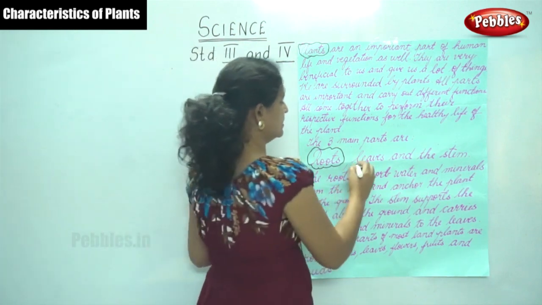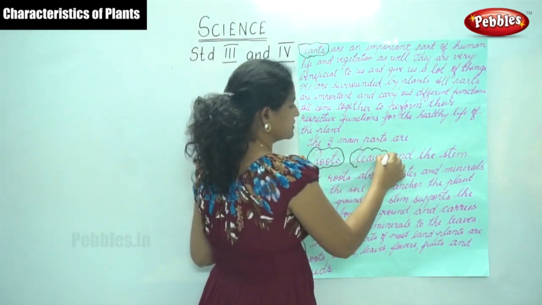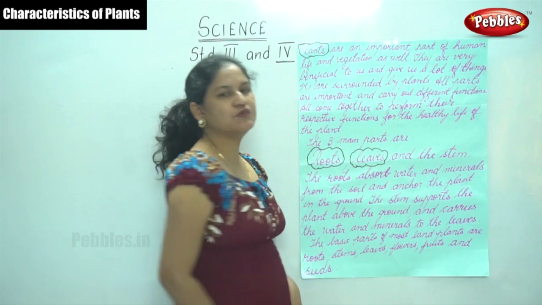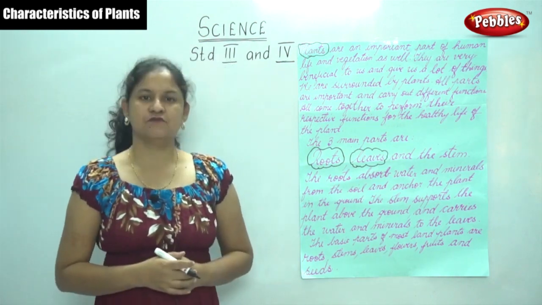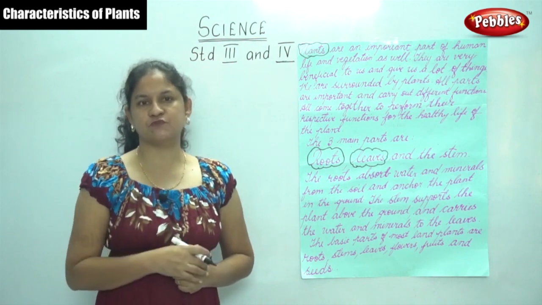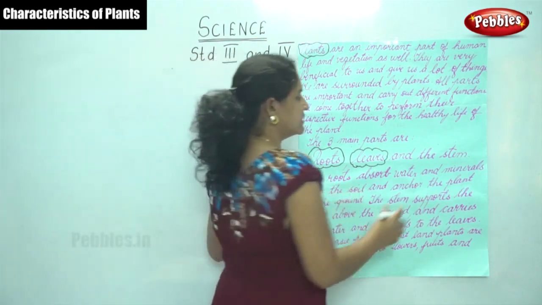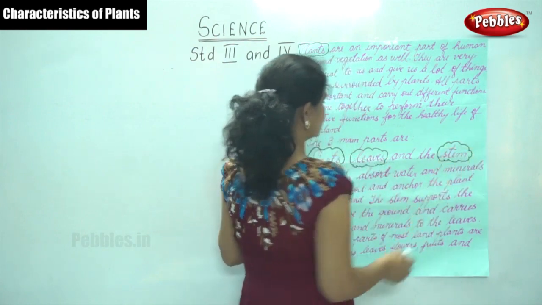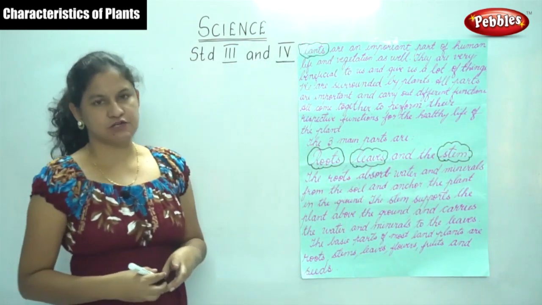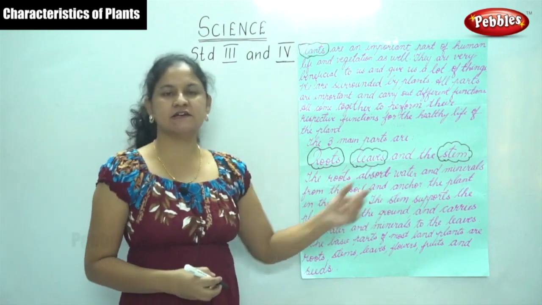The next is the leaves. The leaves are called the food factory of the plant because they prepare food for the plant. And the next part is the stem. So the three main parts are the roots, the leaves and the stem.